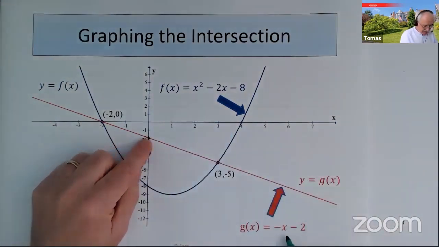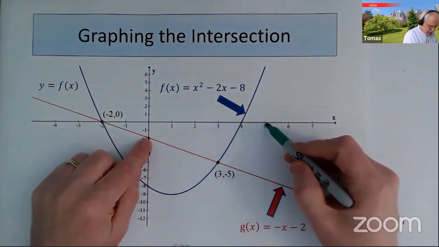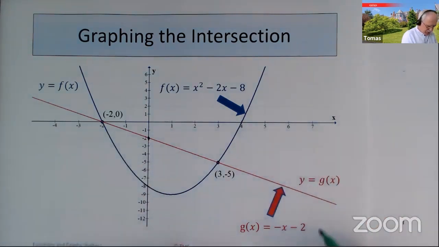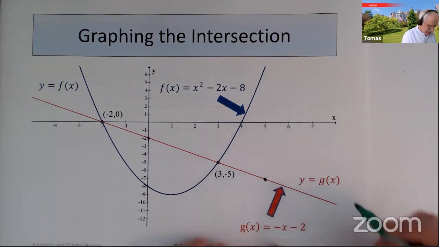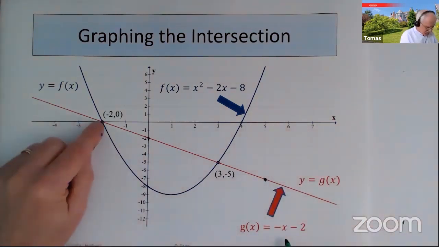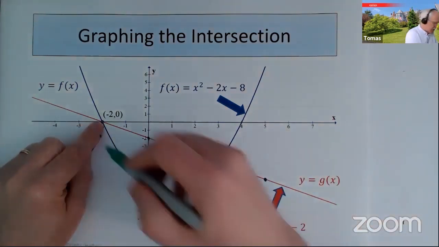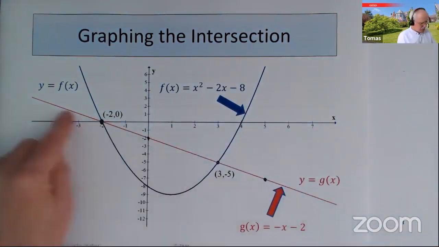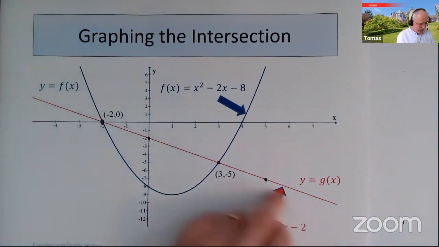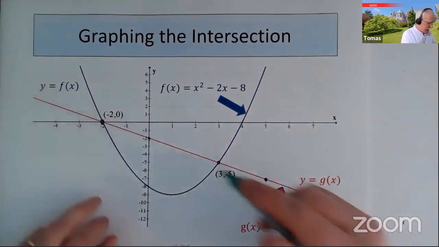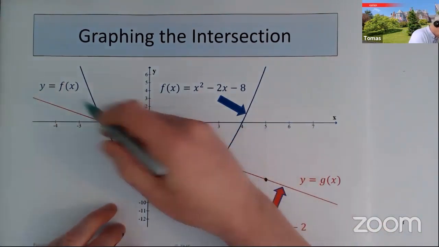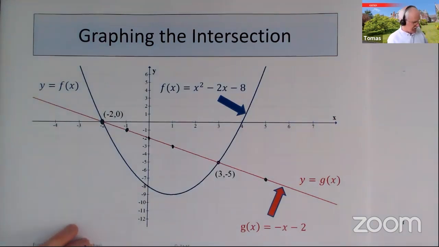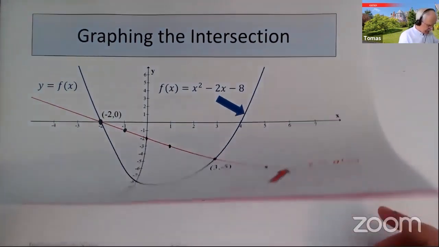When x is 5, minus 5 minus 2 will be minus 7. When x is minus 2, minus minus is plus, so we'd end up here, and so on all the way along. And that's our g value. So we can plot the graph of that, only it happened to be a straight line. We could have drawn loads of points there as well, but it would have been just a straight line. And that's graphing the intersection.